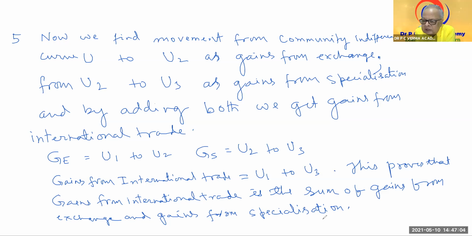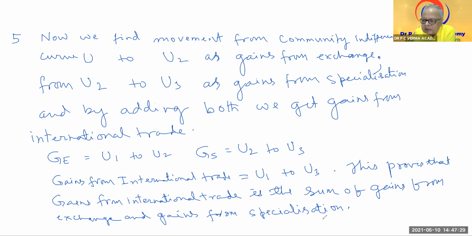So gains from international trade is not absolute. It is relative. There will be gains from exchange and gains from specialization. And it will go further: if more specialization, more production, the country will move to a higher indifference curve.